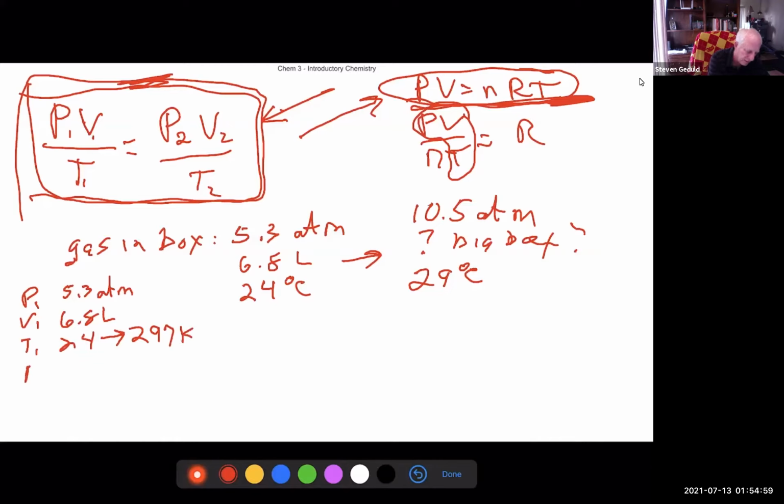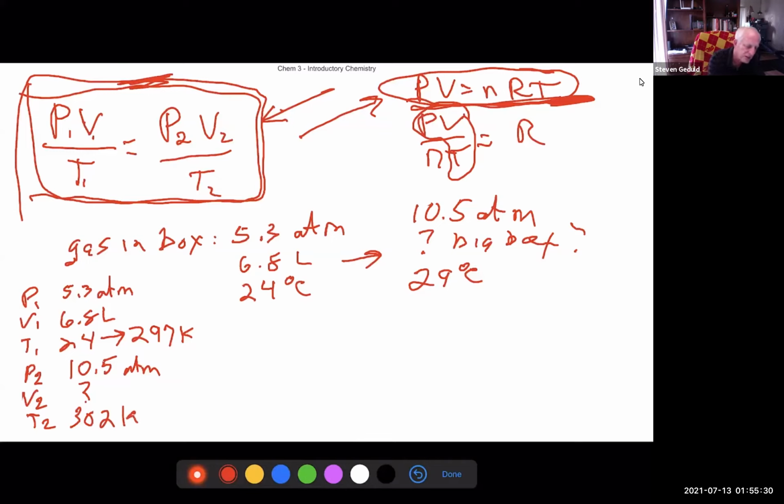And we've got P2, V2, T2. We know the pressure is 10.5 atmospheres. We know the volume is, that's what we want to look for. Here's our question mark. And we know the temperature is 29, so 273, 302 Kelvin. All right, we got all our variables.